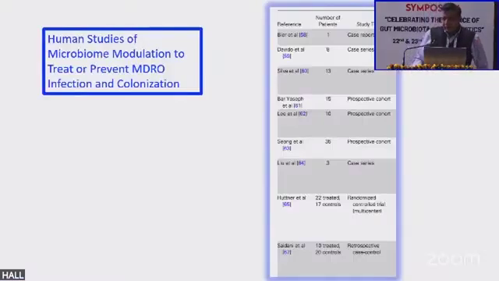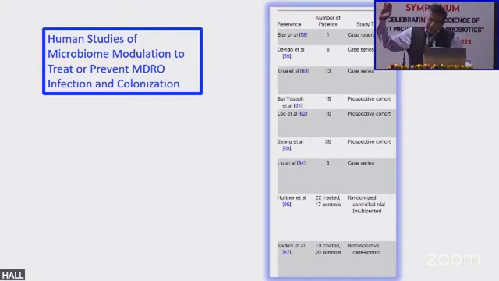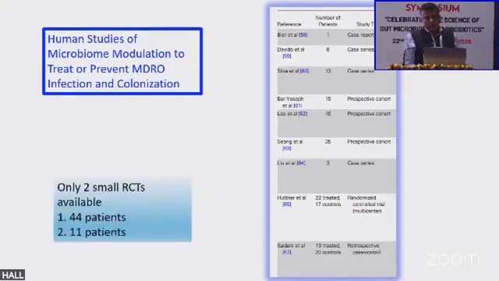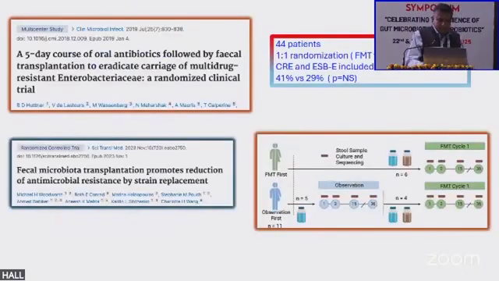So we find that if we look into all human studies of microbiome manipulation, we find majority of them, or 99% of them, are case reports, cohort studies, or case series. There are only 2 small randomized control trials available till now, one with 44 patients, another with only 11 patients.